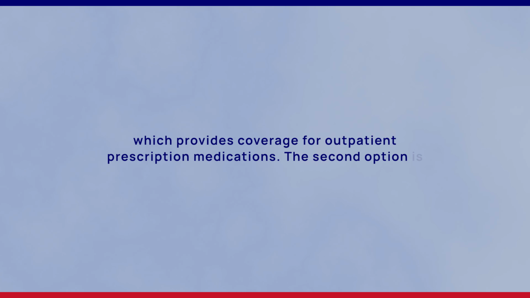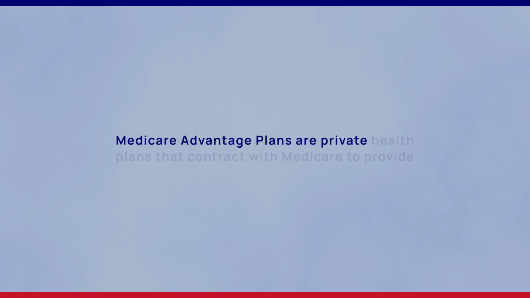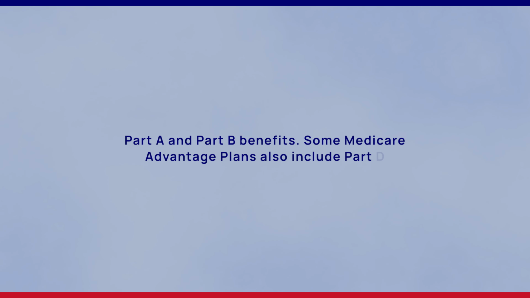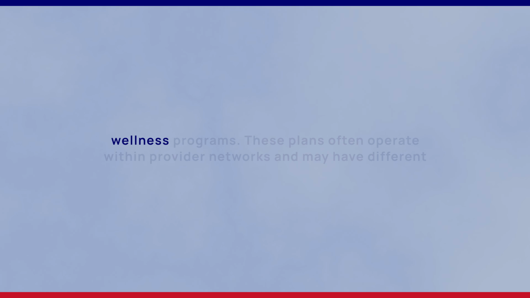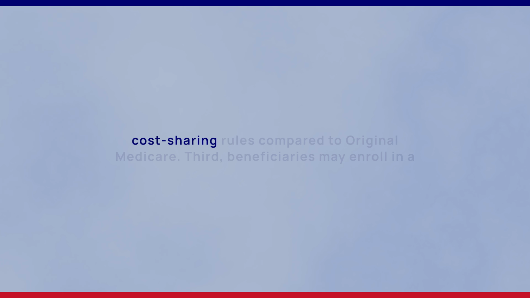The second option is a Medicare Advantage Plan, or Part C. Medicare Advantage plans are private health plans that contract with Medicare to provide Part A and Part B benefits. Some Medicare Advantage plans also include Part D prescription drug coverage, as well as additional benefits such as vision, dental, or wellness programs. These plans often operate within provider networks and may have different cost-sharing rules compared to Original Medicare.